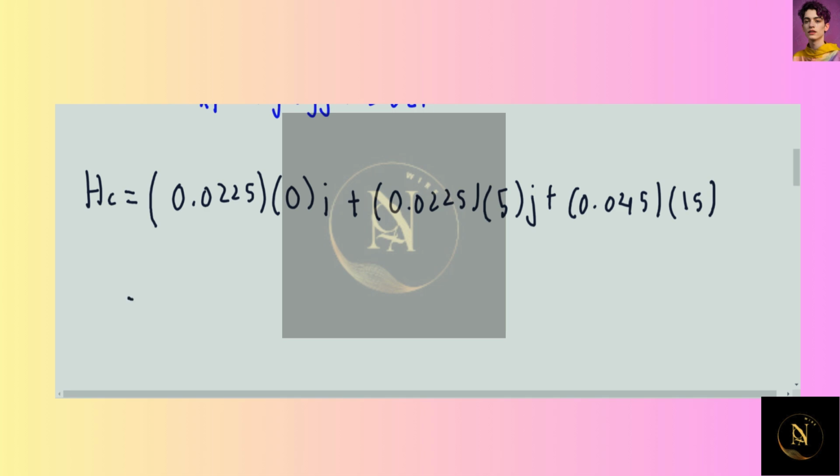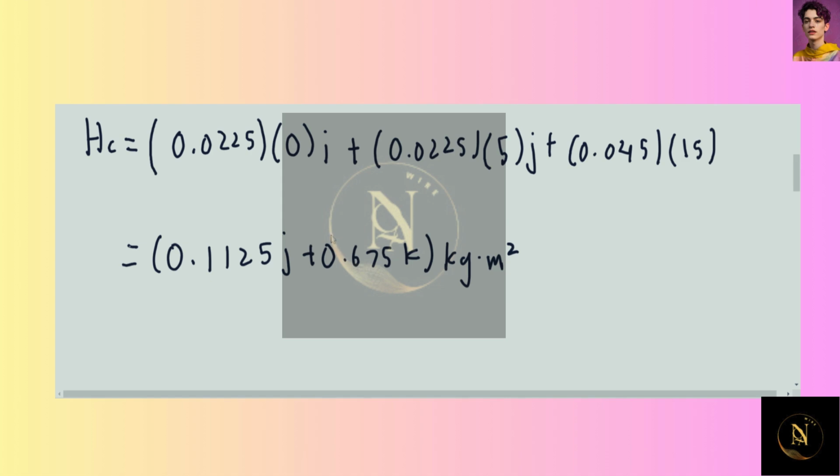And this will give us a vector of the angular momentum about the point C. That's equal to 0.1125 j plus 0.675 k kilogram meters squared.